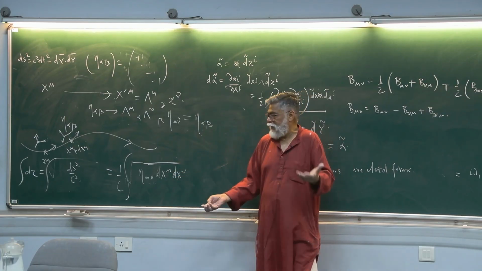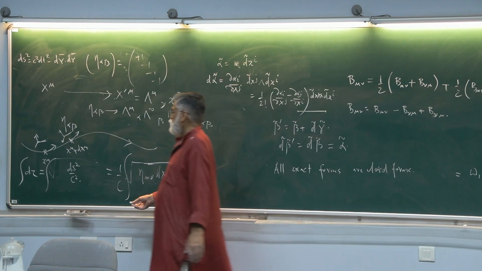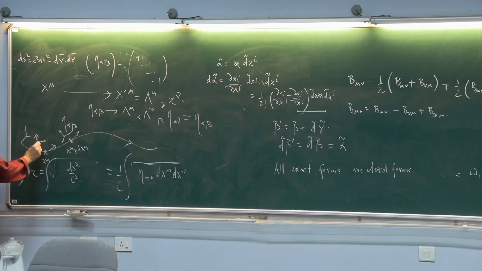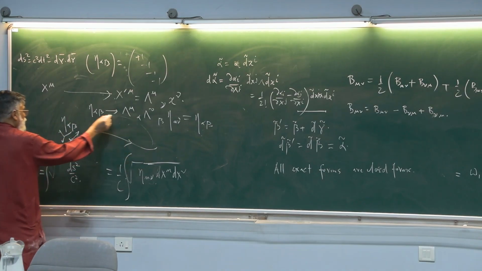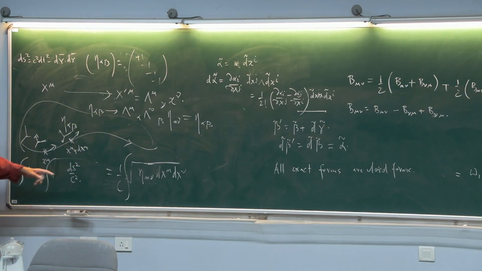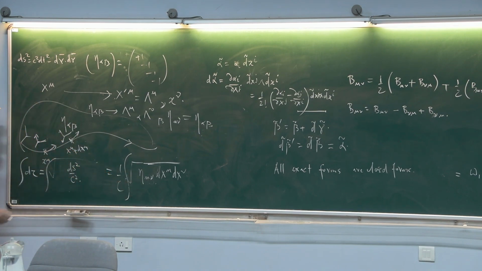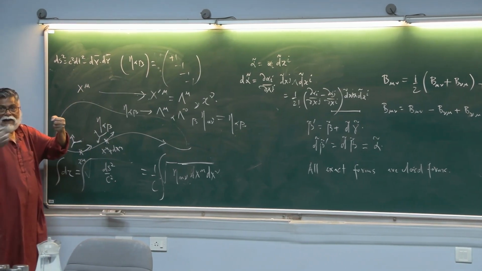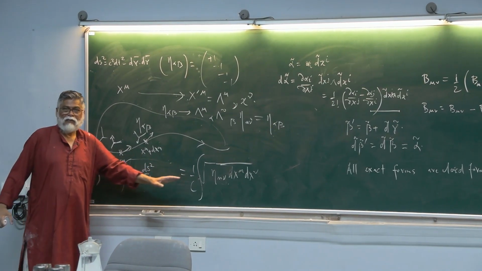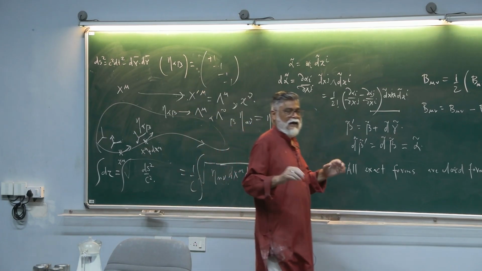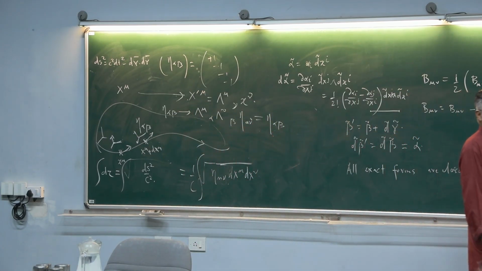You don't even have to do a calculation, because supposing my twin remains where he was, and I go away and come back, and I claim that this is the proper time elapsed. Then this will be less than the time elapsed, because this has c squared dt squared minus dr dot dr. It will always be less. We are subtracting my motion. So this solves the twin paradox. See, there is nothing funny about the twin paradox.